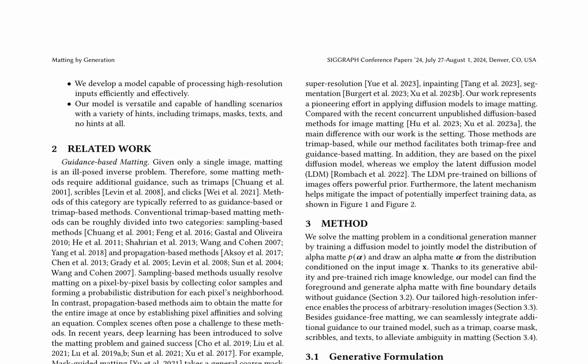Here is a combined summary of the 2 pages. The authors propose a novel approach to image matting using a diffusion model, which can efficiently process high-resolution inputs and handle various guidance scenarios, including trimaps, masks, texts, and no hints. They review existing matting methods, including guidance-based and guidance-free approaches, and highlight the limitations of conventional trimap-based methods. The authors also discuss the recent success of deep learning-based matting methods and the emergence of diffusion models as a promising approach.